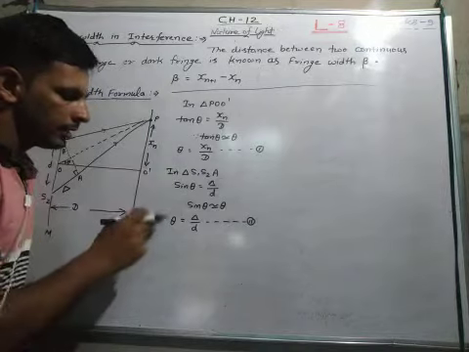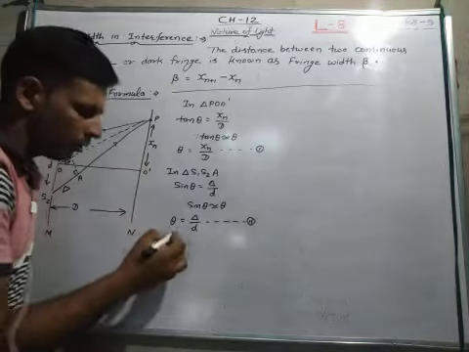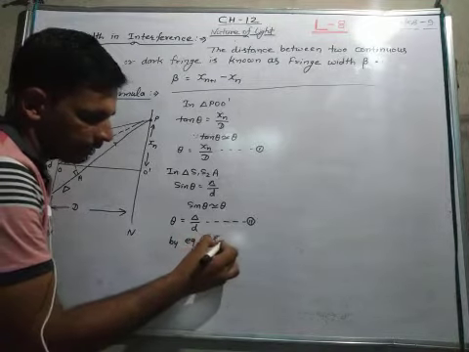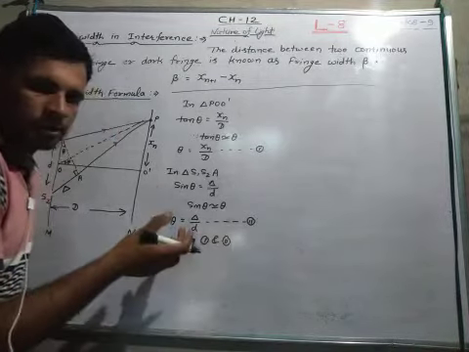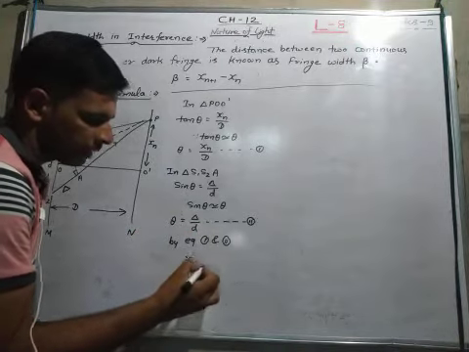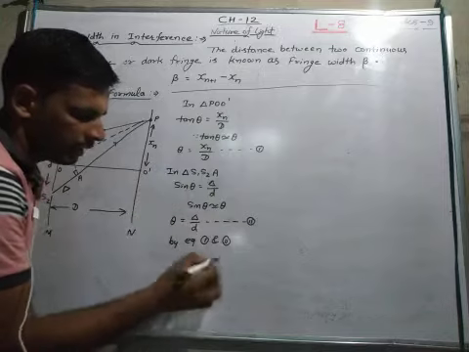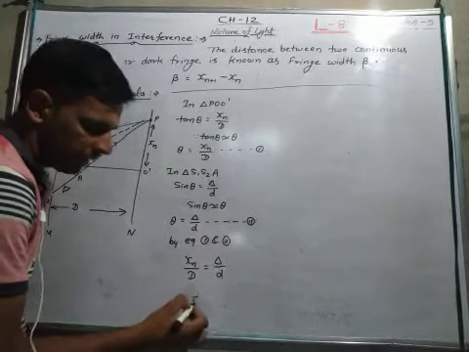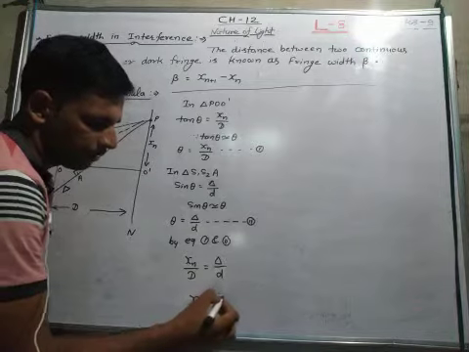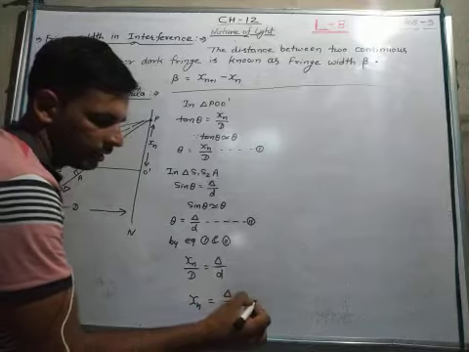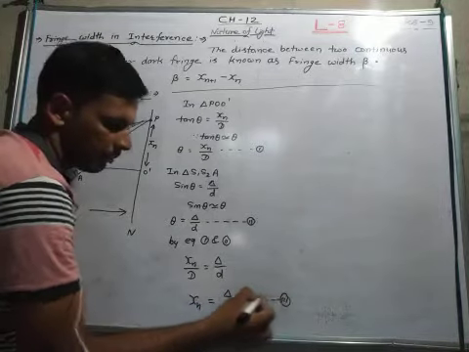The LHS of equations first and second are the same, so by equations first and second, the RHS are also equal. So xn upon D is equal to delta upon d, and we calculate xn. This is delta upon d into capital D. Equation number third.